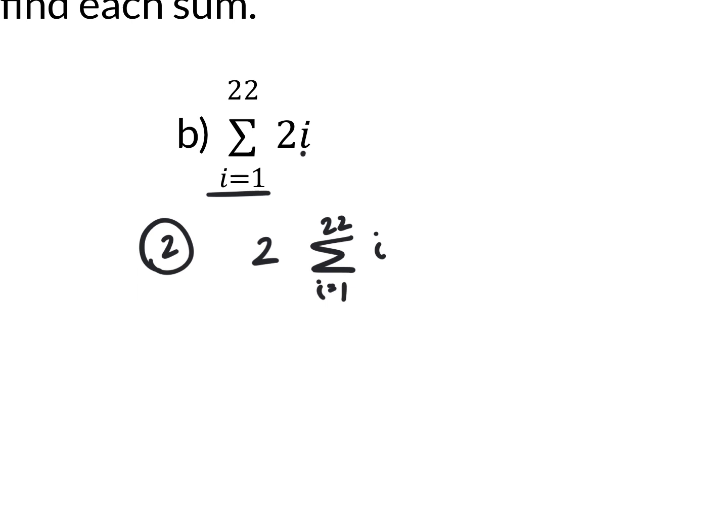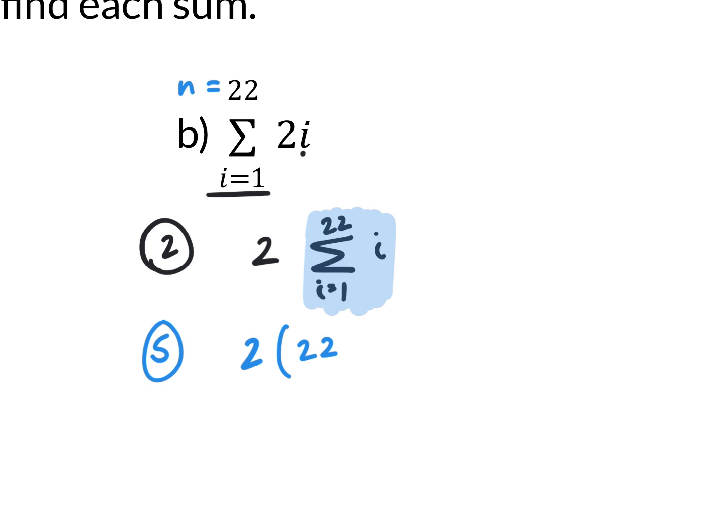Now, what does this look like? Which property does that look like up above? Number 5, right? Because it just has an i there. So this would be property number 5. I still have that 2 out front. And then looking at property number 5, it says n times n plus 1. Well, n is what in this case? 22.